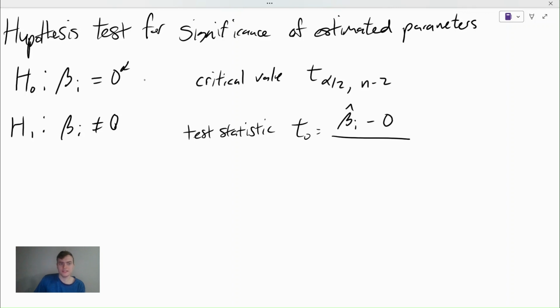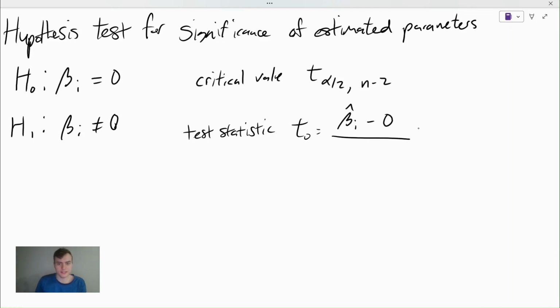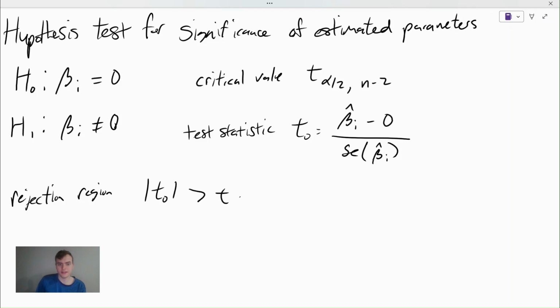We could test whether the slope is 5 and change it to 5 in both, right? But the important test is testing whether it's 0. And SE beta hat I is going to be our denominator, right? And so our rejection region is when the absolute value of t0 is greater than the critical value. We're doing a two-sided test. You could do a one-sided test and convert the rejection region.